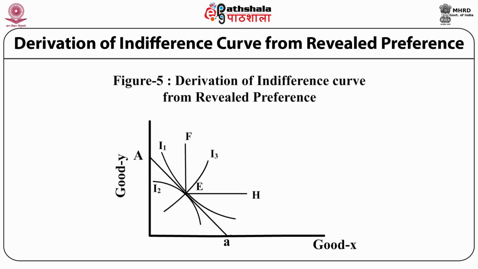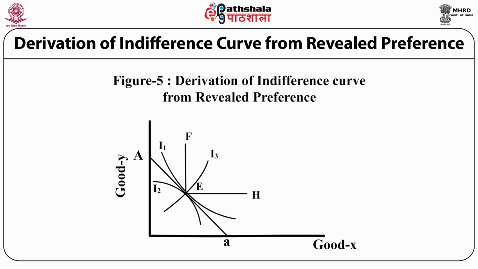Similarly, in the case of indifference curves I2 and I3, some parts of each of these curves cross either the inferior zone or both inferior and superior zones. In case of I2, all its points are in the inferior zone, but in the case of I3, some parts are in the inferior zone, some parts are in the superior zone.